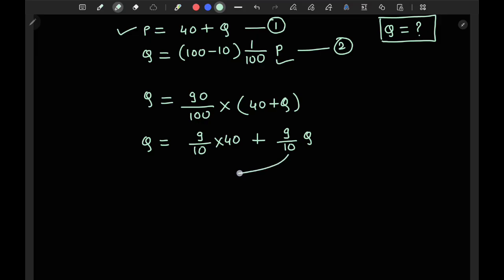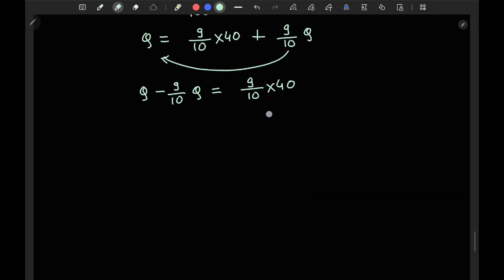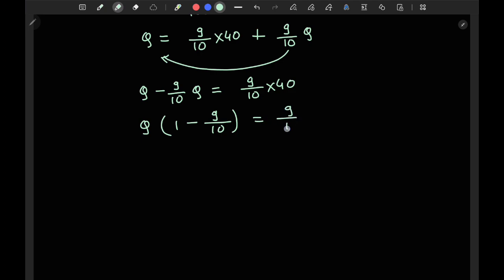Can I write like this? Then I'll bring this portion here. So Q minus 9 by 10 into Q is equal to 9 by 10 into 40. I'm intentionally not simplifying this because I want to express in terms of Q. So if I take Q common, that will be 1 minus 9 by 10 equal to 9 by 10 into 40.